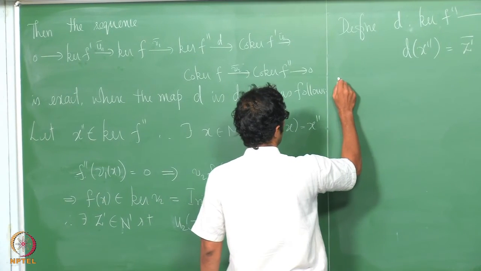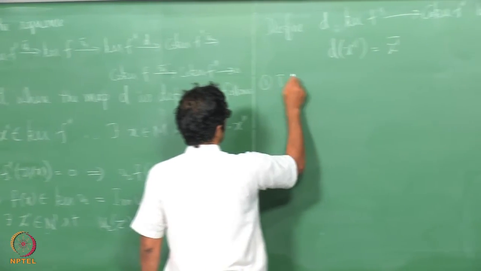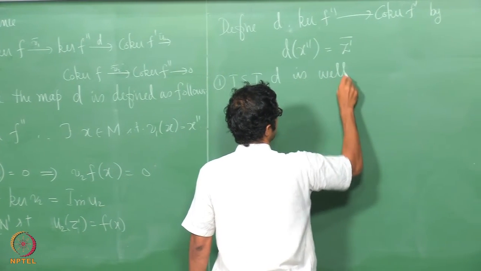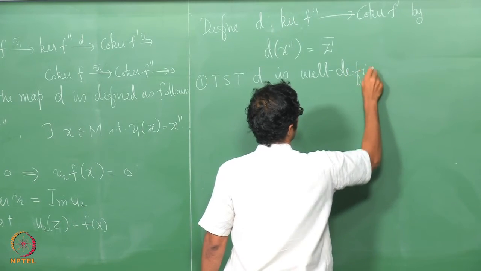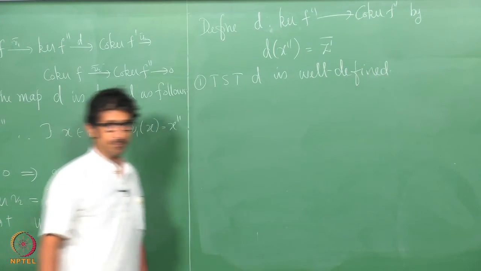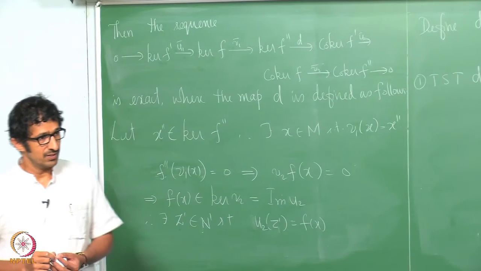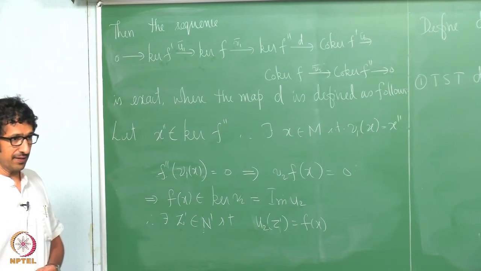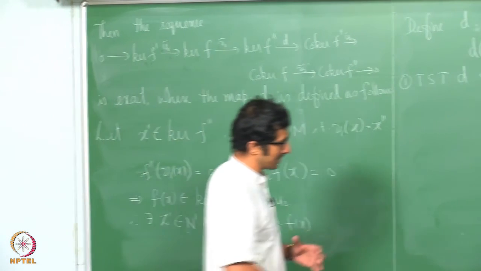First, to show that d is well defined, where are the issues?